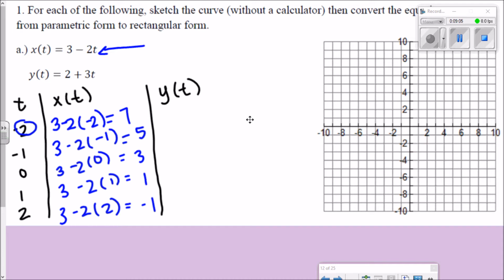Let's do my y values next. Now I'm going to plug them all into this function here. Again, first I'm going to start with -2. So I have 2 plus 3 times -2. This is going to be 2 minus 6, which is -4.